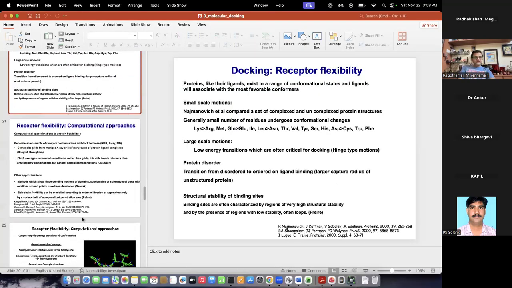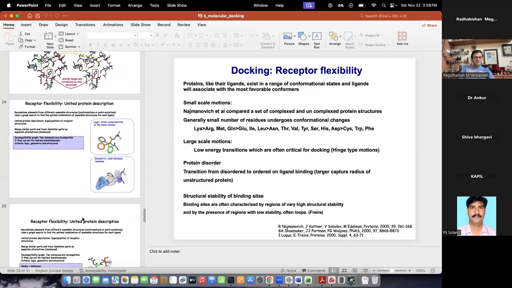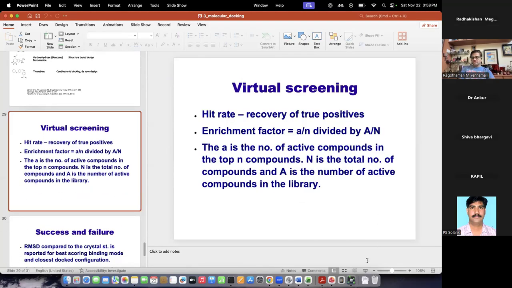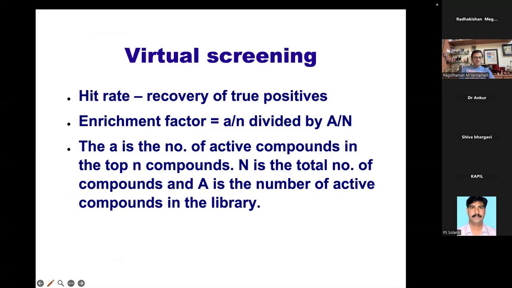So having said all this, what I'm going to show you, which is relevant to your topic, is virtual screening. Let's say you are doing molecular docking and screening 1 million or 100 million compounds. That particular process is called virtual screening.